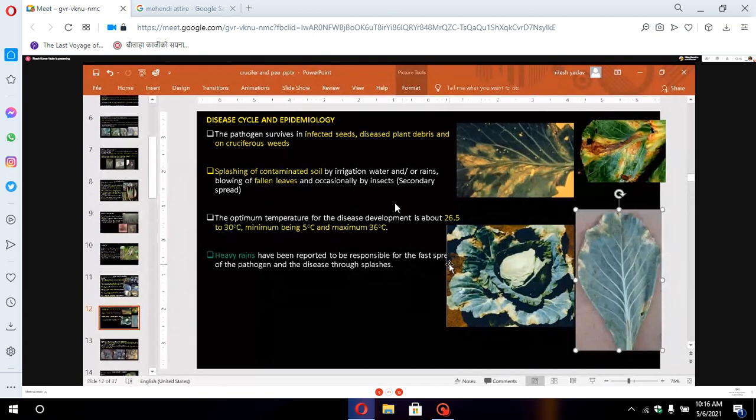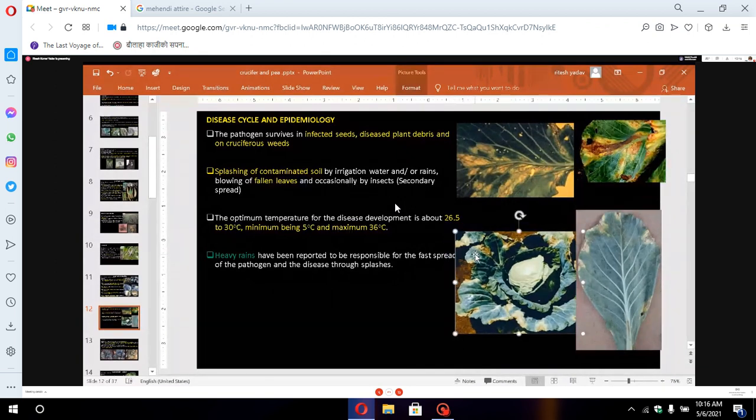That is why in the Bhaktapur area this is very severe, as per my experience. Under humid conditions, dissemination of the bacteria is due to rain or splash rain, irrigation water, or blowing of fallen leaves, or sometimes insects can disseminate it, but insect transmission of Xanthomonas is still not clearly documented.